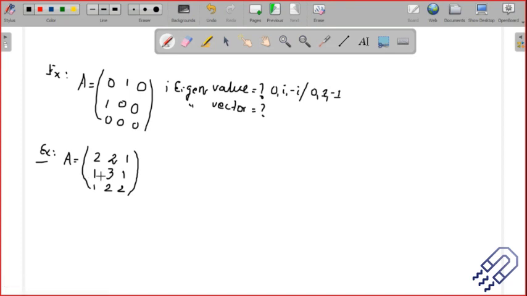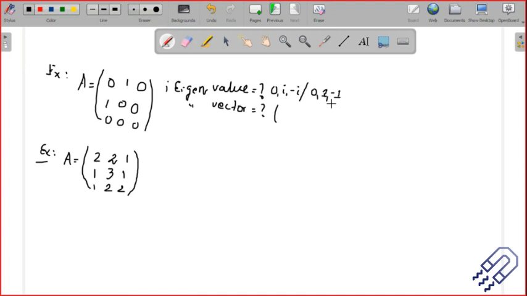Okay, let me write down the vectors here. Will it be a row matrix or a column matrix? Column matrix, sir.